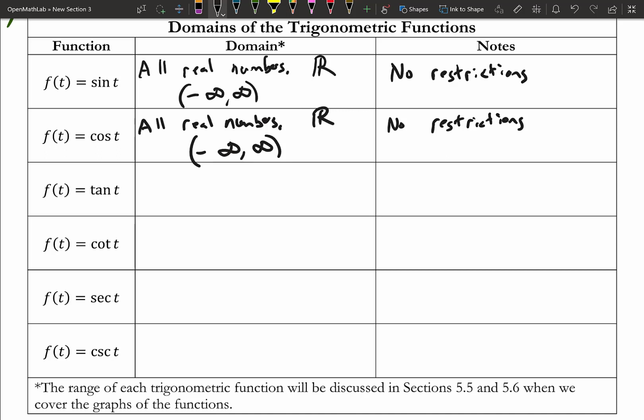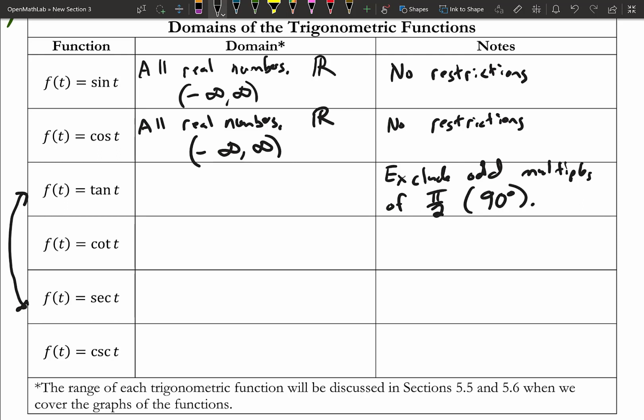Right. So then remember, tangent and secant matched, right? So these two guys matched. So if you remember, what we needed to exclude were odd multiples of pi over 2, right? So we need to exclude odd multiples of pi over 2, which I'll just put in parentheses, just a reminder that's 90 degrees, right?